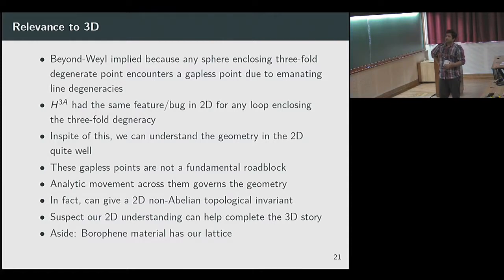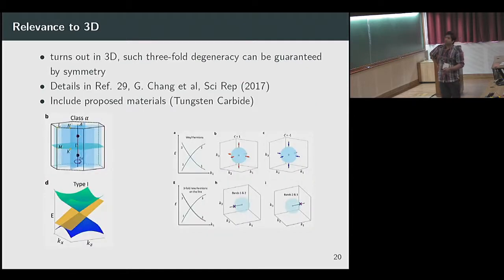In fact, in the 2D case, we can do a calculation that gives a topological invariant, and we suspect our 2D understanding can help complete the 3D story. Here, they did calculate the Berry phase winding around the line degeneracy. It was 2 pi, but there is no topological invariant written down which captures the full 3D structure of this.